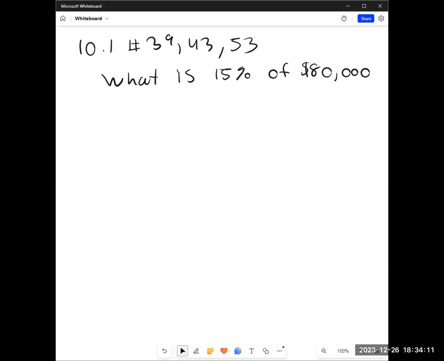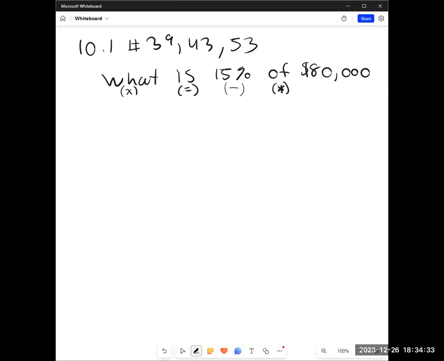So my question word will be my variable. This is my X. My verb here is my equal sign. My "of" is multiplication. I'm going to use a star for multiplication so it doesn't get mixed up with the X that's there. And this percentage, I'm going to change it to a decimal.